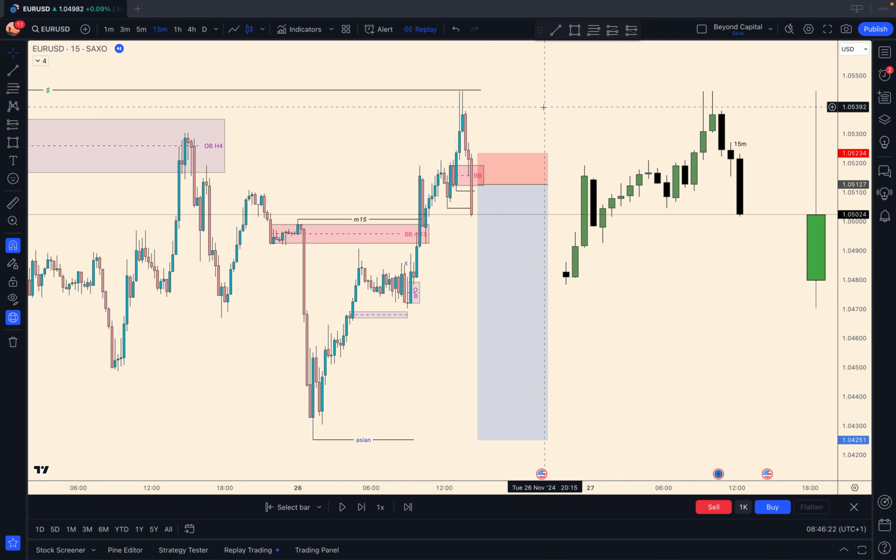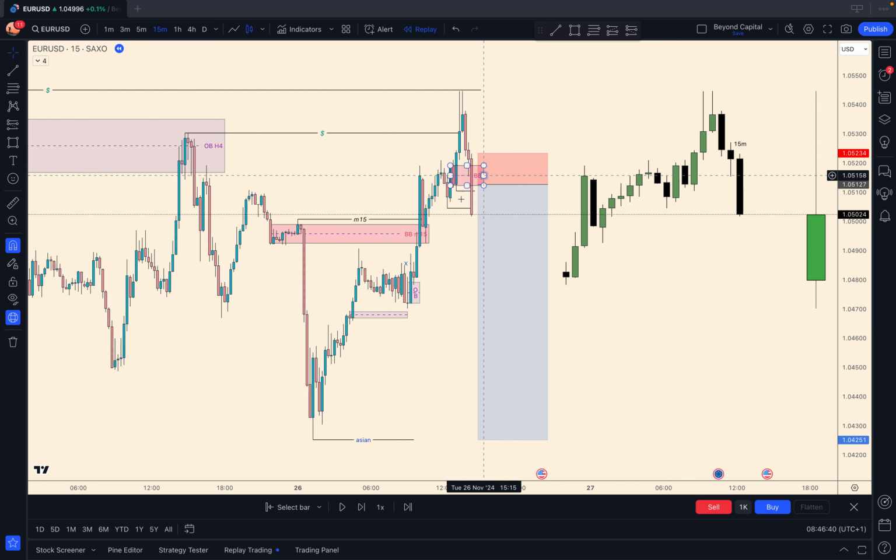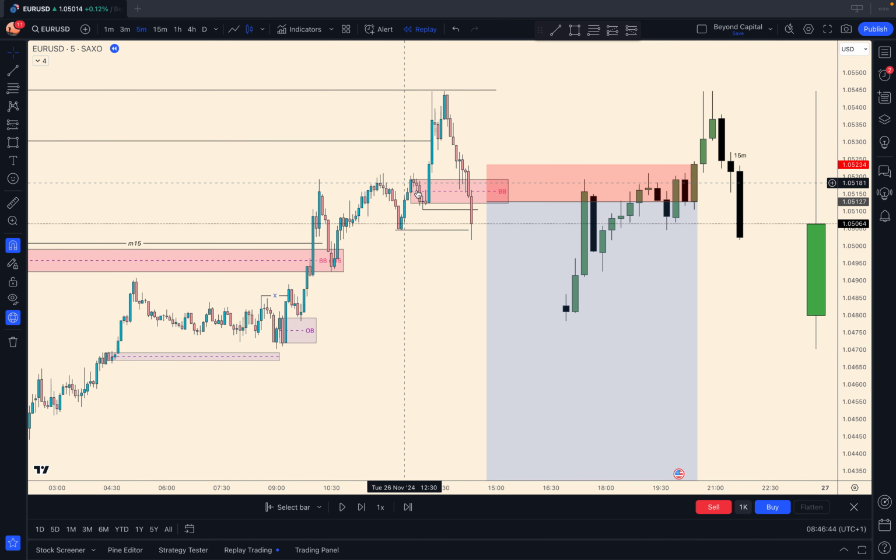So summing up the confluences: 4 hour in favor, 4 hour liquidity, okay, here, 4 hour internal liquidity, I forgot to mention that, and 15 minutes reversing, and on the M5 we had a breaker.